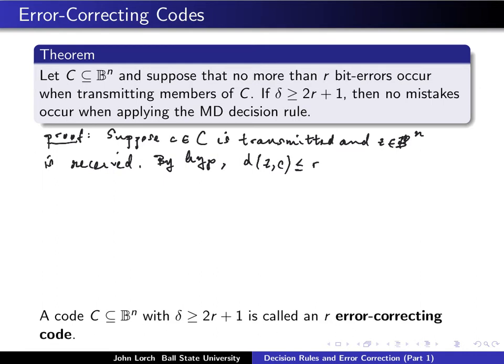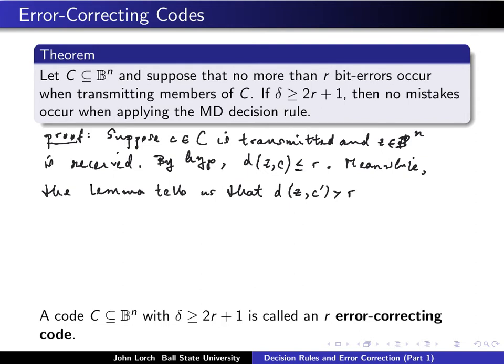Meanwhile, the lemma tells us that the Hamming distance between Z and C prime is strictly bigger than r for C prime not equal to C.